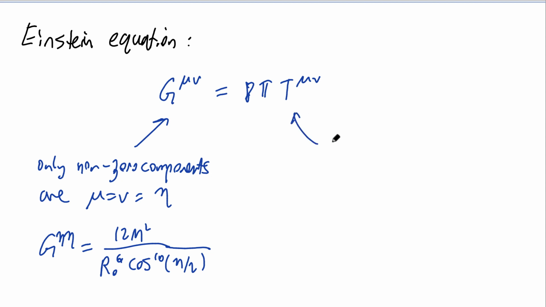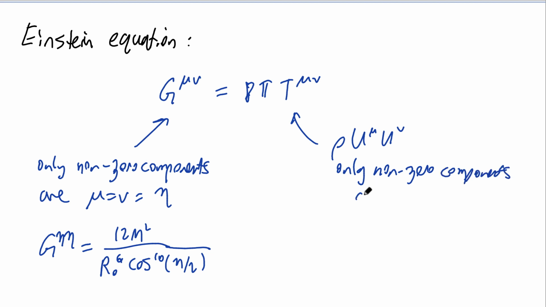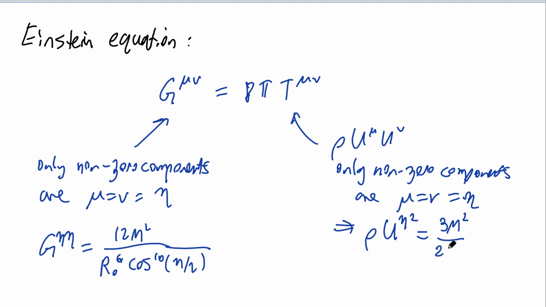For the stress energy momentum tensor, that's rho times u mu u nu, the only non-zero components are when mu and nu are both equal to eta. And then this is equal to rho times u eta squared, which you might recall is equal to 3m squared divided by 2 pi r naught to the 6th power times cosine to the minus 10th power of eta over 2.